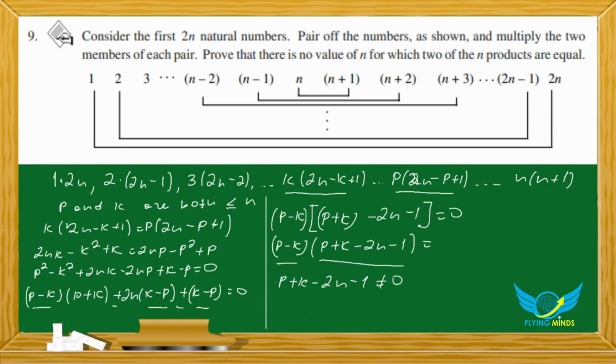So it means that p minus k must be equal to 0, but it follows from here that p equals k, and it means that these two terms must be the same terms. Okay, and it proves our hypothesis, right? So it proves that there is no such n that two products are equal.